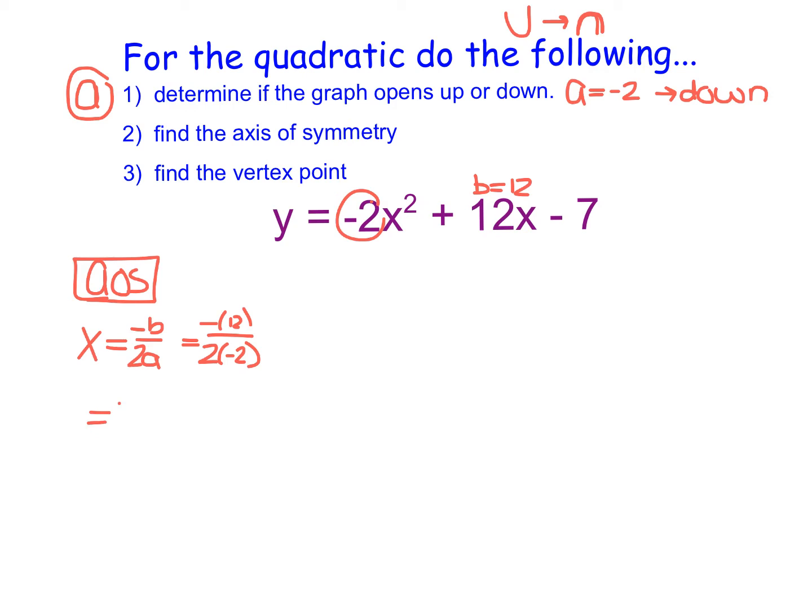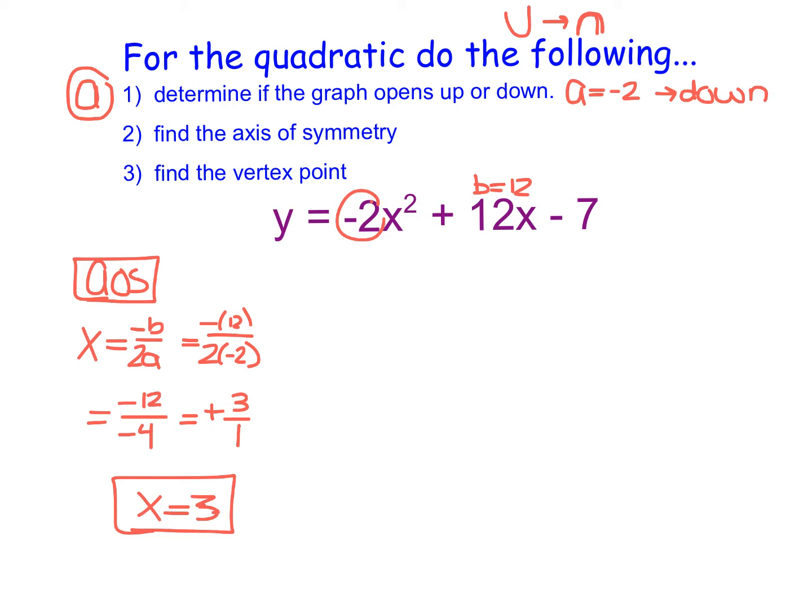So this becomes a -12 over a -4, which becomes a positive 3 over 1, or just simply x is equal to 3. So that's the first piece there, finding our axis of symmetry.